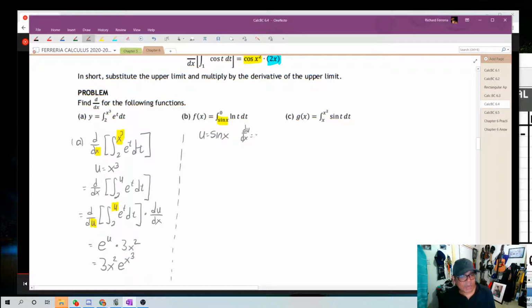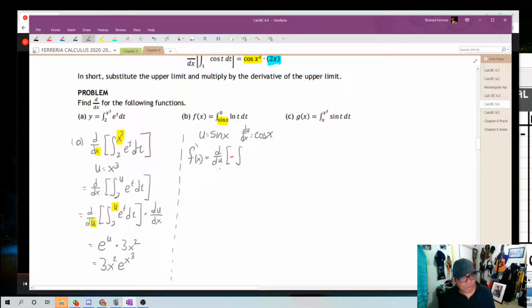That's going to be equal to cosine x. And so f prime of x is going to be equal to d du. I'm going to switch the limits at the expense of a negative sign.